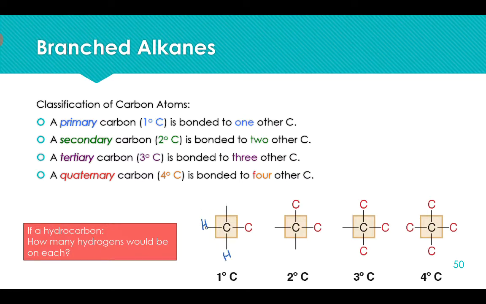The point is that it only has one other carbon bonded to it, and that's primary. A secondary carbon would have 2 other carbons bonded to it, and then 2 bonds to hydrogen or something else. This has 3 other carbons bonded to it, and so that's tertiary. And this one has 4 other carbons bonded to it, so this black carbon in the center is a quaternary carbon.